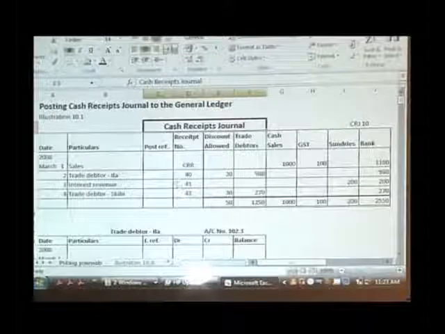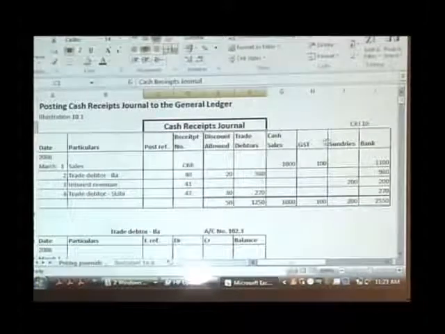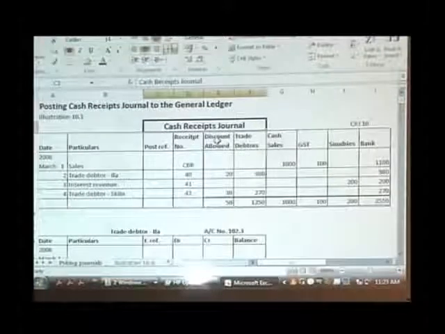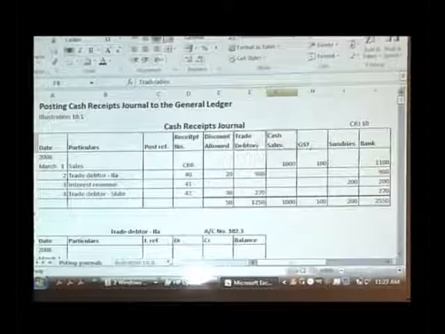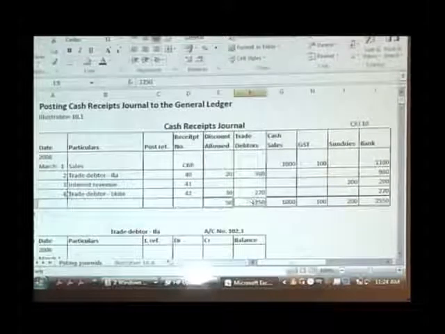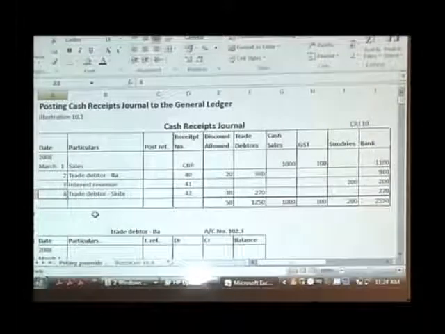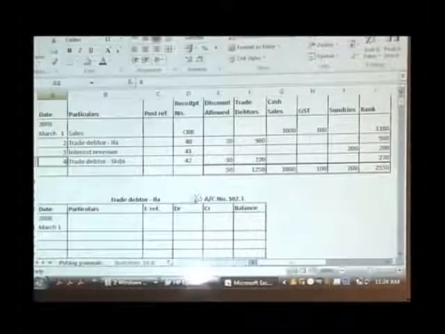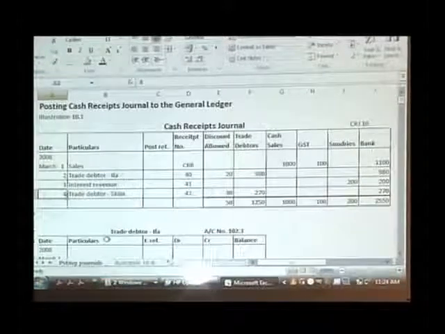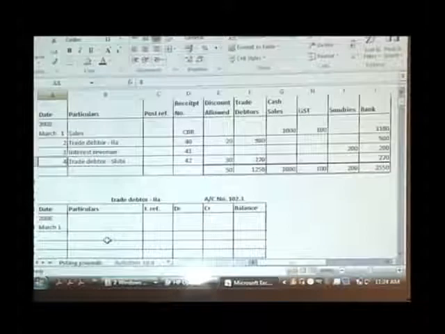So the journal is like this, and there are columns. All the receipts have been classified, and totals are given on this date, 4th March, and now we have to post these items to the individual ledger accounts.